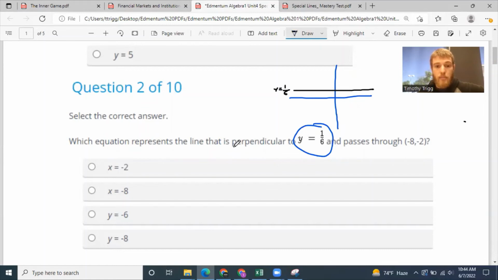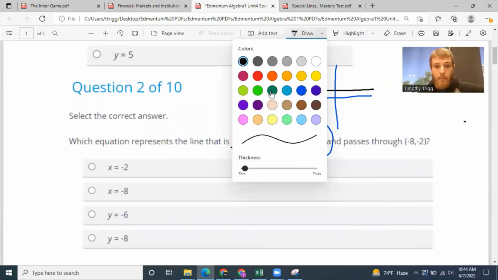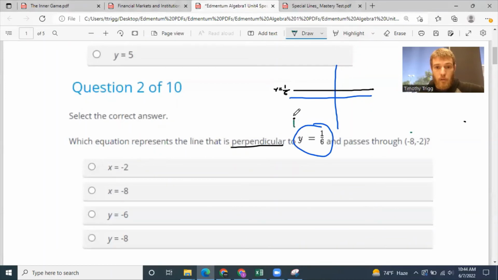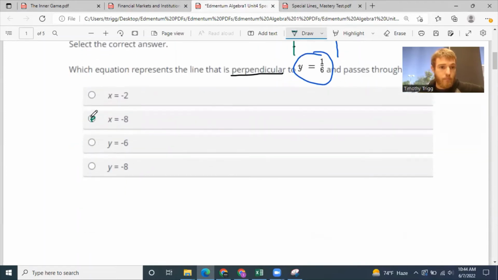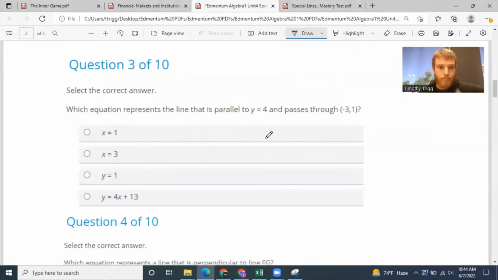Now I want a line that's perpendicular, so I want a vertical line that passes through -8, -2. So let's say -8, -2 is maybe down here, and I want a vertical line that passes through that. What would that look like? Well, it would look like this. Since it's a vertical line, it'll be of the form x equals, and again, x equals the x coordinate. If it's in the form y equals, you'd use the y coordinate.